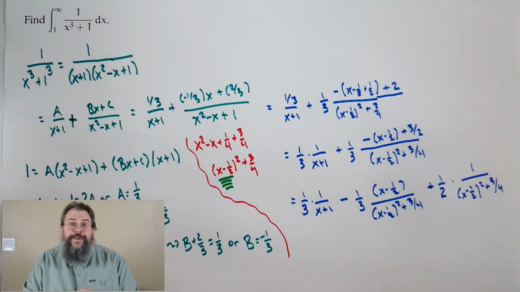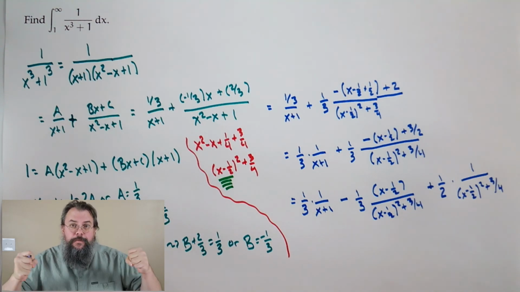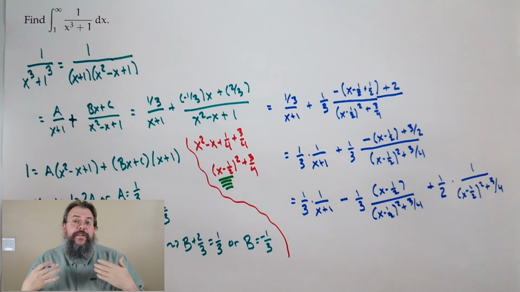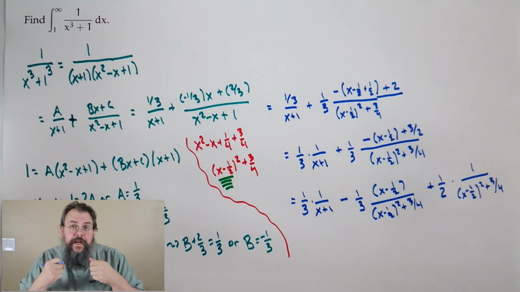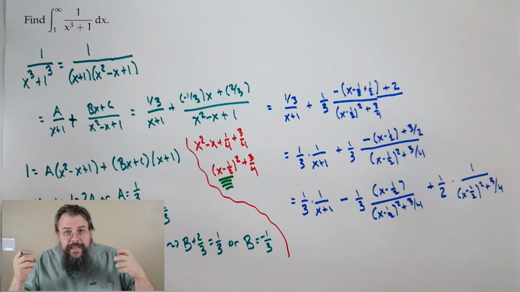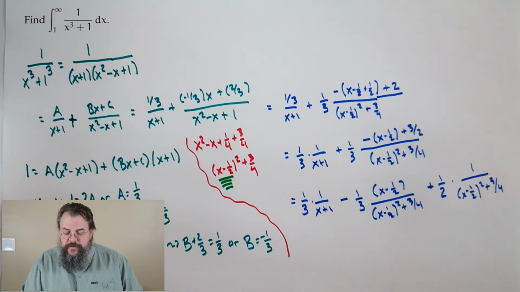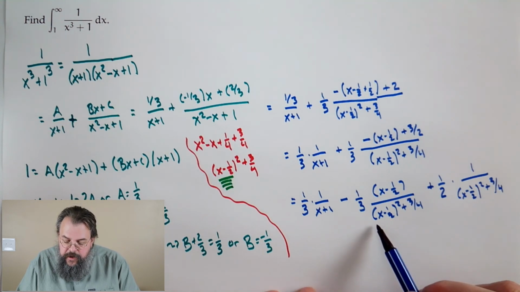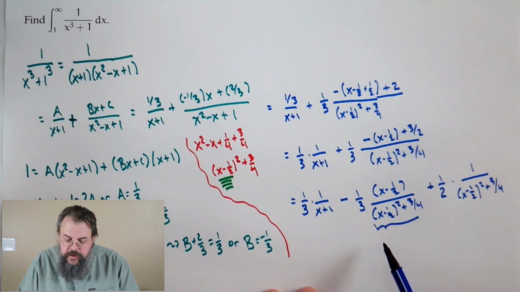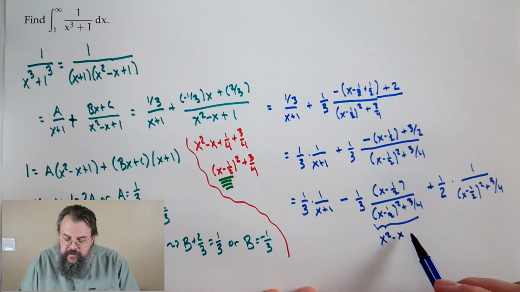All right, so this is partial fractions where we just pulled the things apart, and then we worked on our irreducible quadratic, even separating that just a little bit further so that we could help set ourselves up for success. On a side note, this part right here, we could, if we wanted to, rewrite. This is x squared minus x plus 1.